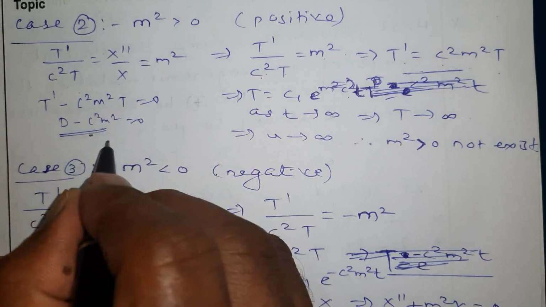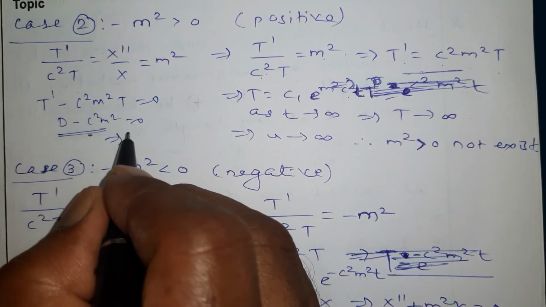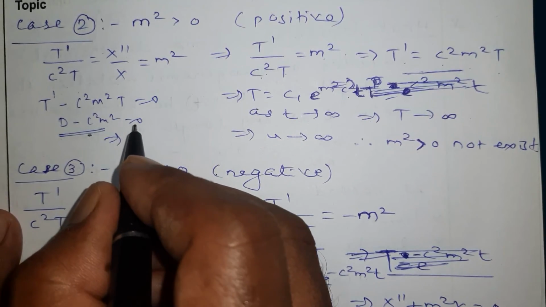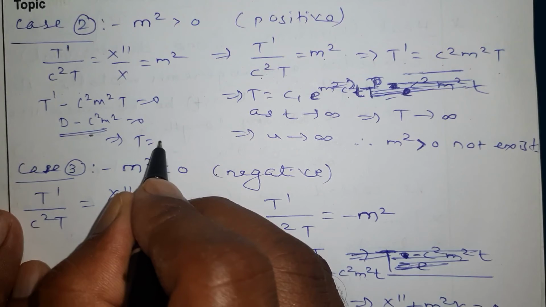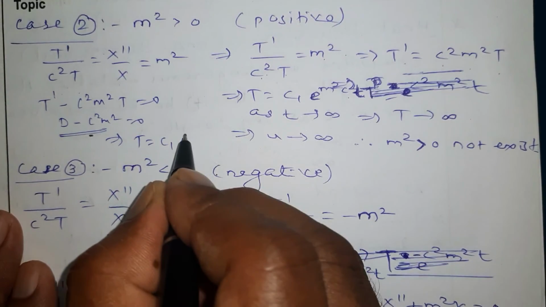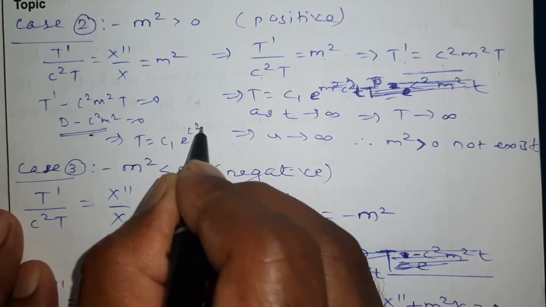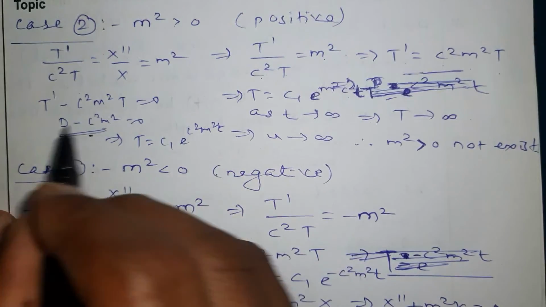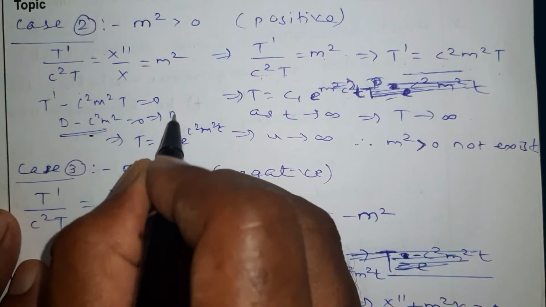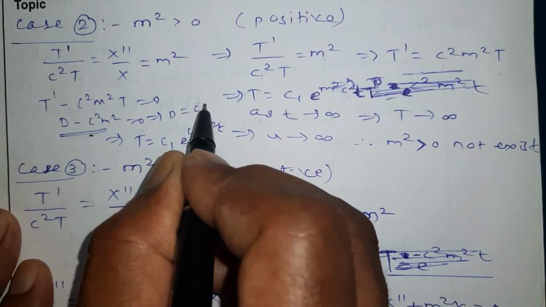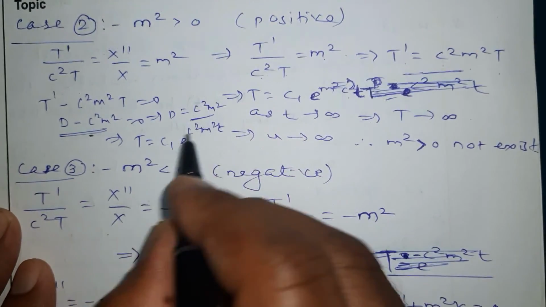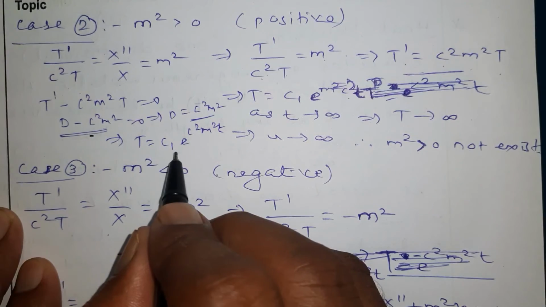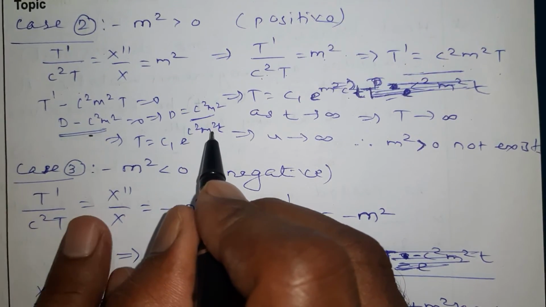So my answer, by using our linear differential equation, is t is equal to c1 e raised to c square m square t, because from this auxiliary equation I get D is equal to c square m square. This is the root, and from this root I get this answer, c1 e raised to c square m square t. Correct?